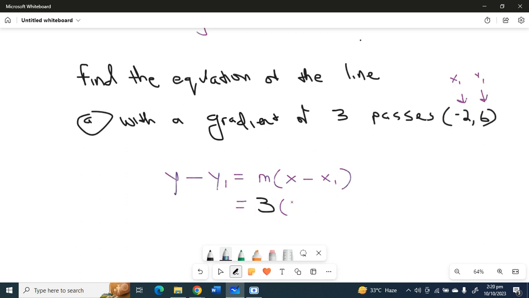So here we're going to have x minus, so x1 is -2, so put here -2. On the other side here we have y minus, y1 is going to be 6.